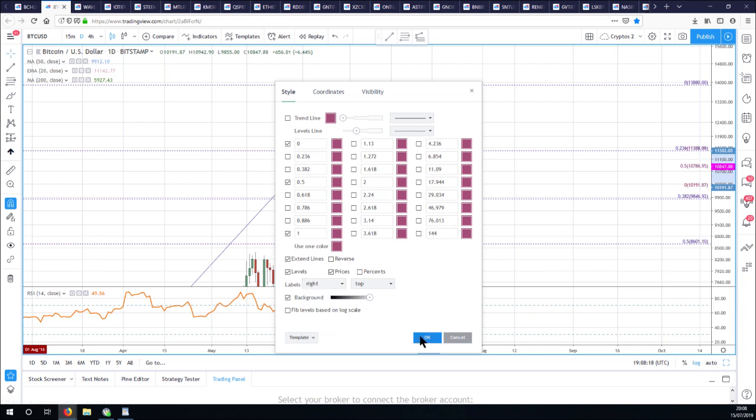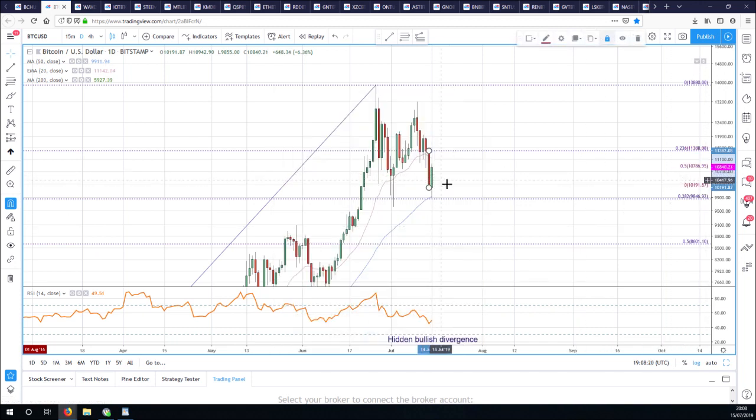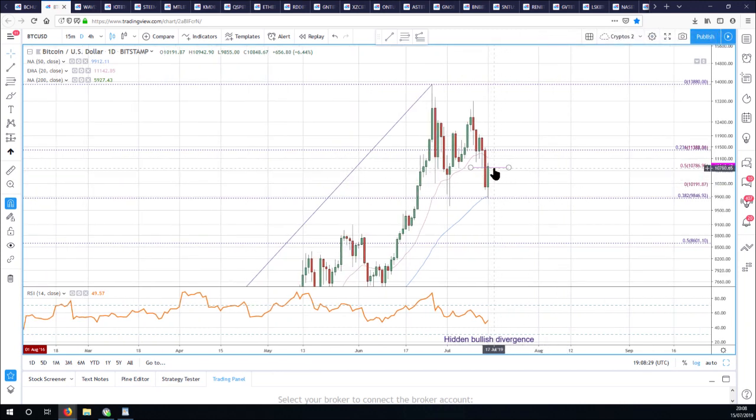Put it on the right so I can read it. 10,786 here at Bitstamp. So 10,786 on the daily close would be a bullish reversal. So that's what we're looking for, a bullish close.